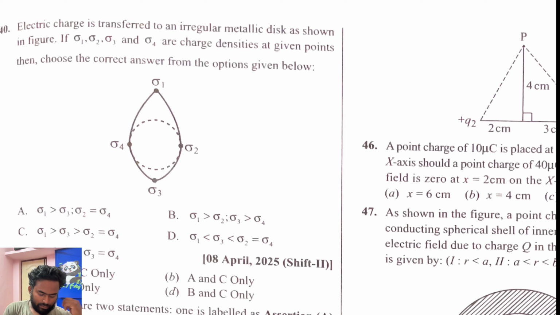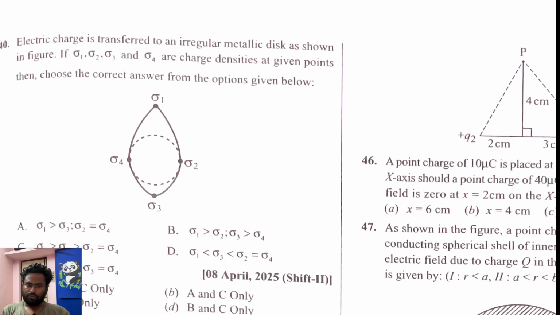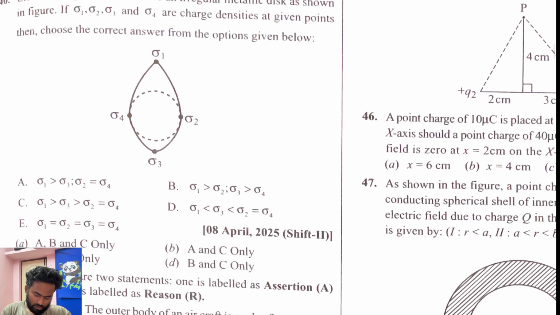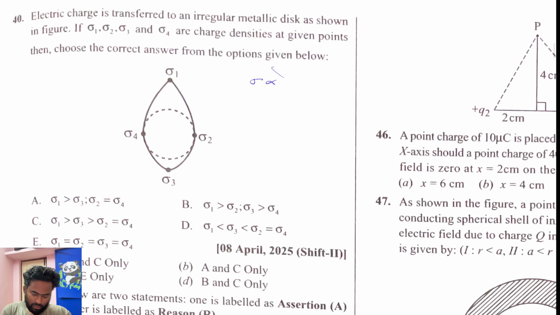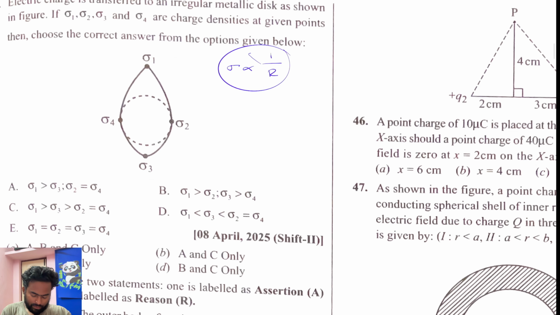Here it is saying that electric charge is transferred to an irregular metallic disc. So there is a metallic disc of irregular shape, and the charge densities at different points are given. We have to see the order. Sigma is proportional to 1 by R, so sigma and radius of curvature are inversely related.